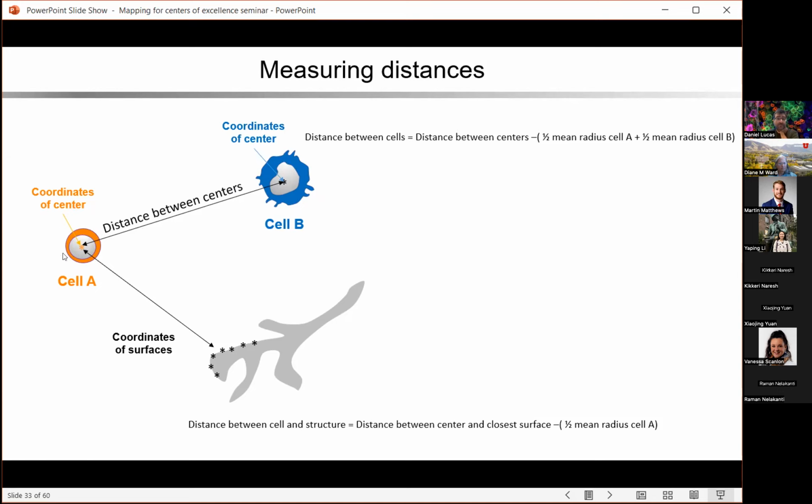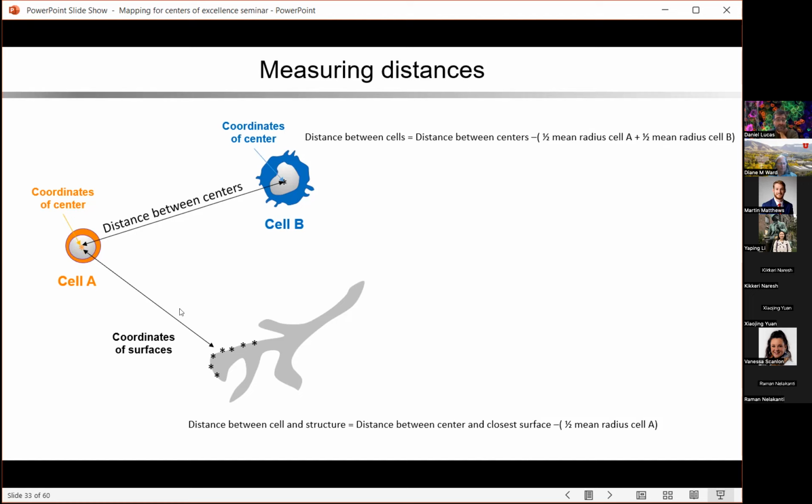You need to account for the radius of the cell. So the formula is the distance between cells is equal to the distance between the centers minus the sum of half the diameter of cell A and half the diameter of cell B.